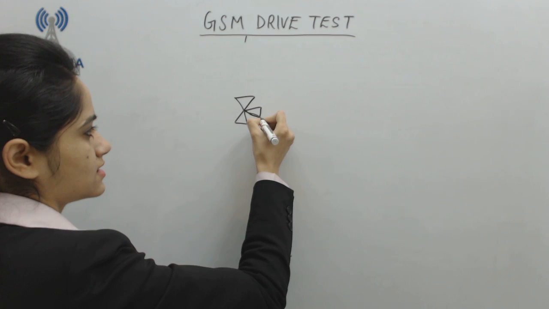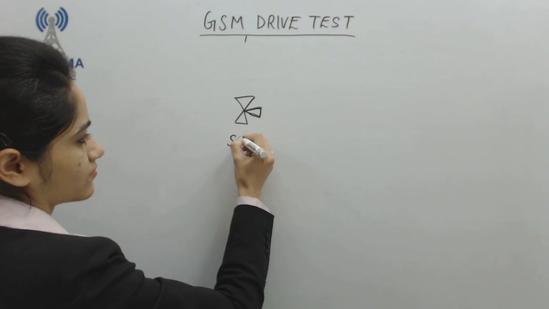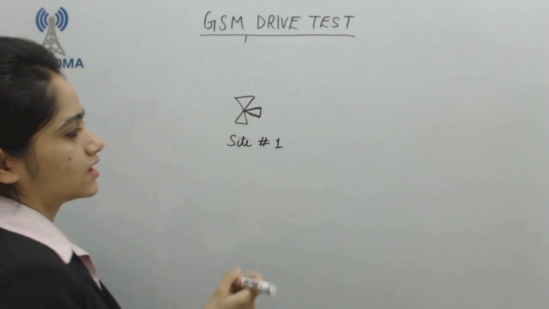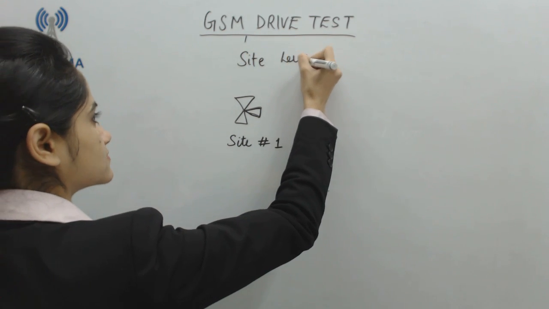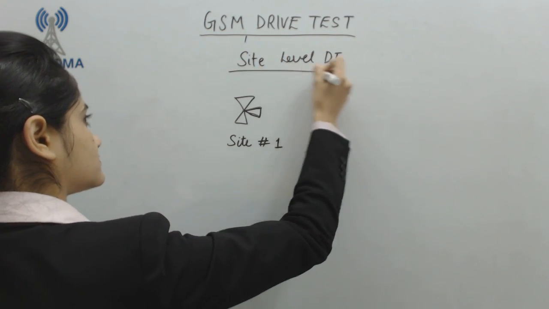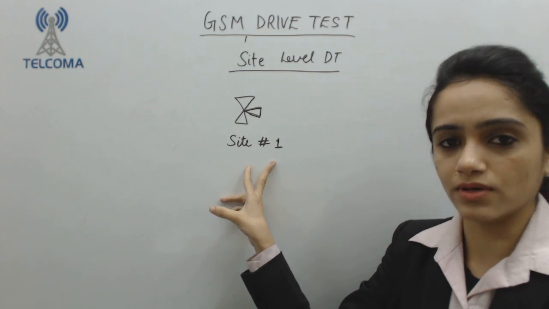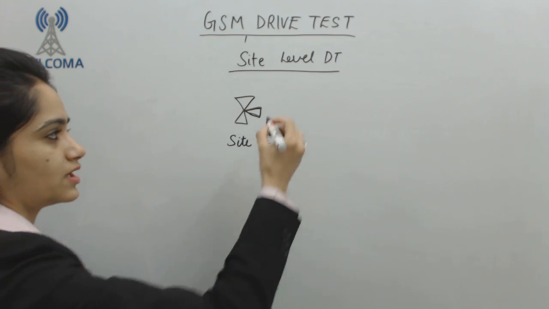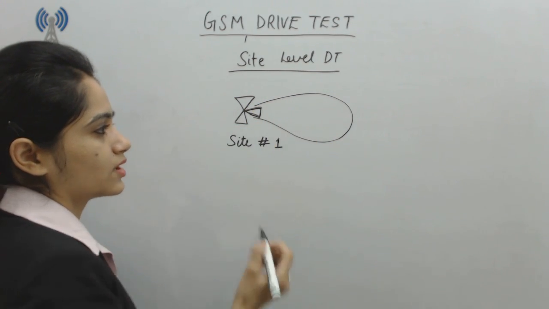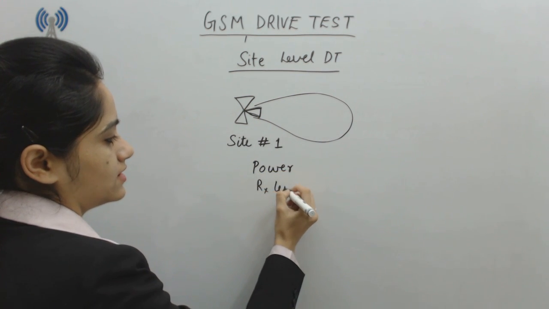So this is a single site, my site 1. Now in site level drive test, we require to capture all the parameters, or check the performance of this single site only. So what are the parameters? That means we require to check its coverage, its power, its RX level.